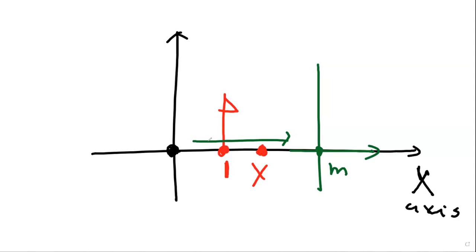And let's assume that we have a new coordinate, the green coordinate, called big X. So let's look at the big X and the small x. Big X, the green X, will be equal to the small x minus m.